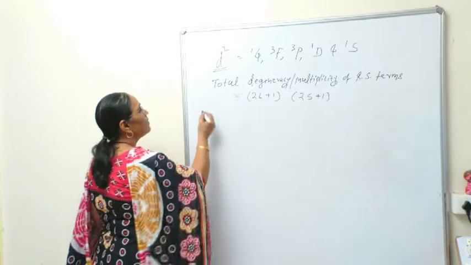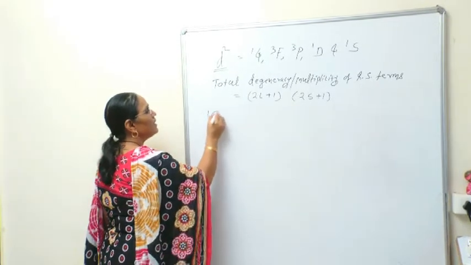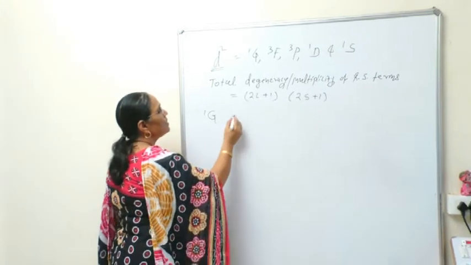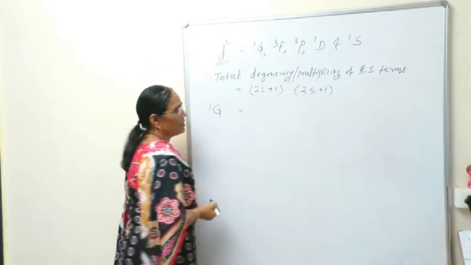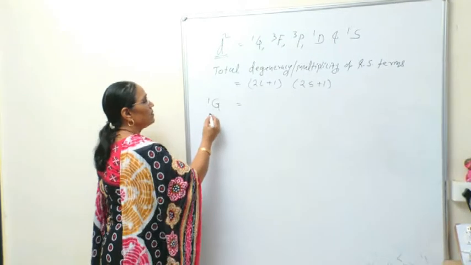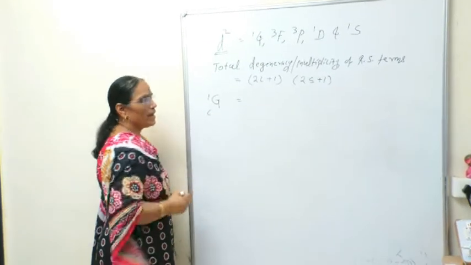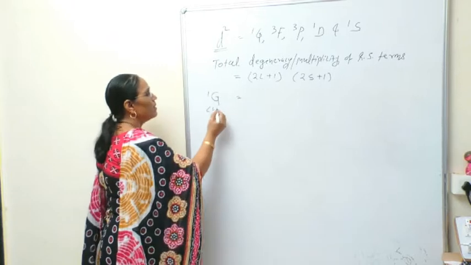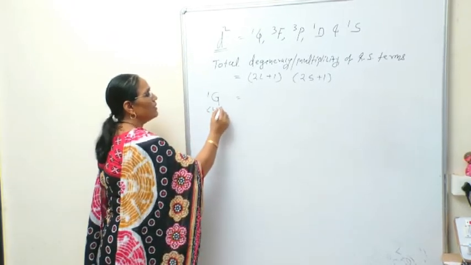So we'll take the first RS term, that is G. For this G term, we have seen that the orbital quantum number, that is the L value, is 4.